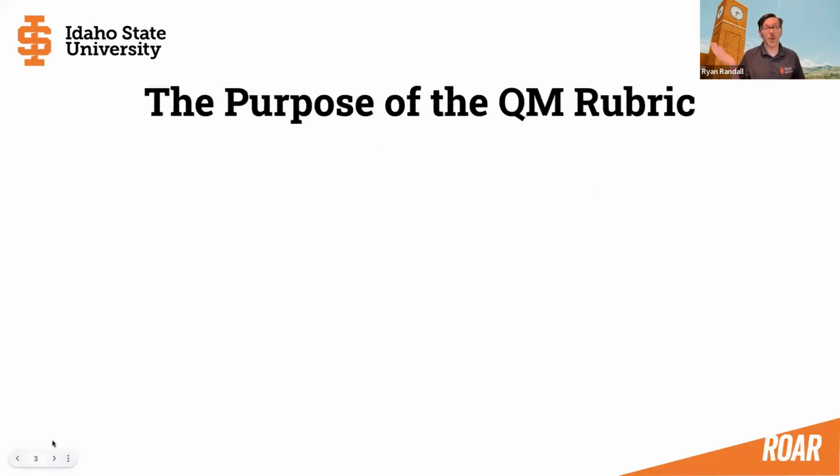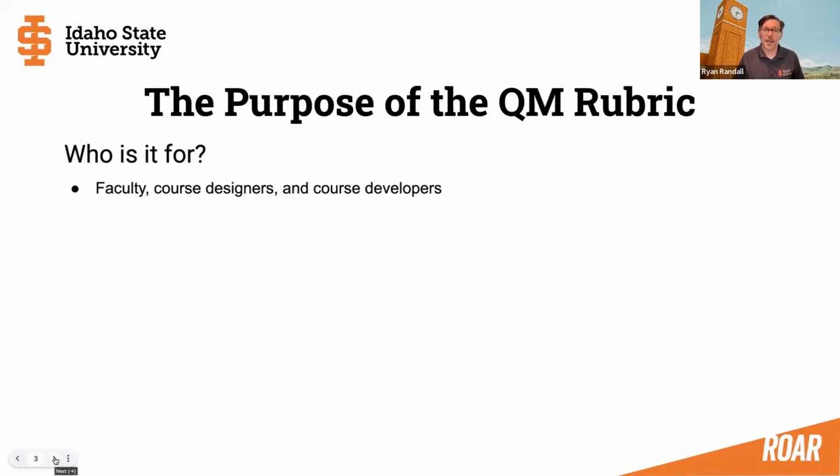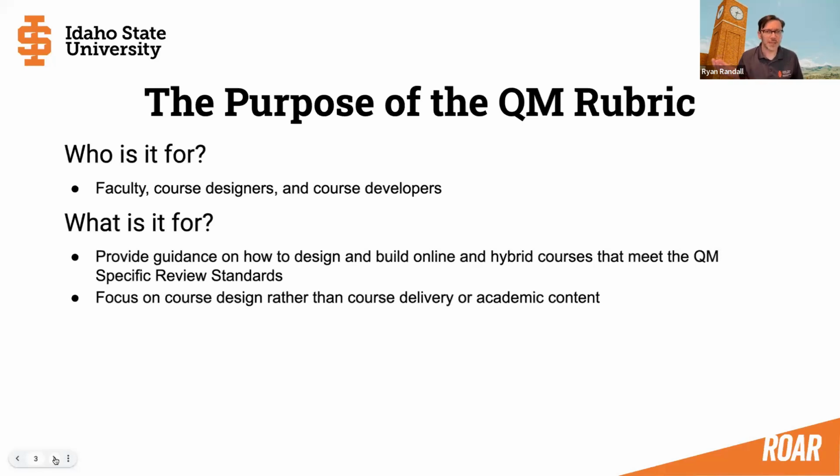Okay, so the purpose of the QM rubric. Who is it for? It is targeted primarily at faculty, course designers, and course developers. And it serves as a comprehensive guide for professionals who are involved in the planning, design, and implementation of online and hybrid courses. So what is it for exactly?